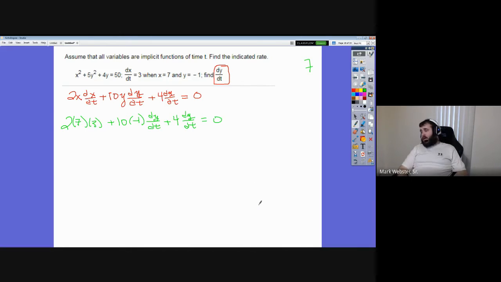And the other great thing is once you get here, instead of having to write out dy/dt over and over and over again, if you want to change that to a different variable that requires less physical writing, you can do that because who cares, right? You're just trying to solve for the variable thing. Whatever that variable thing is, you can do it. But like, this is 42.